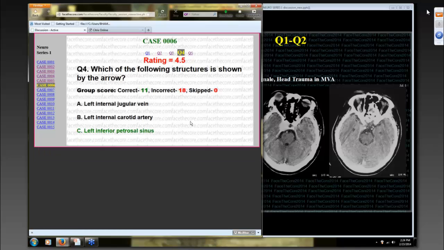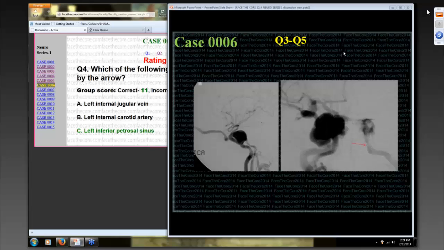Moving on to the fourth question as to which of the following structures is shown by the arrow. As we can see here, this is the opposite side.